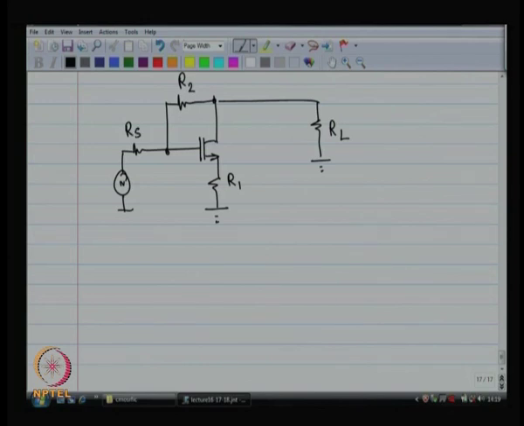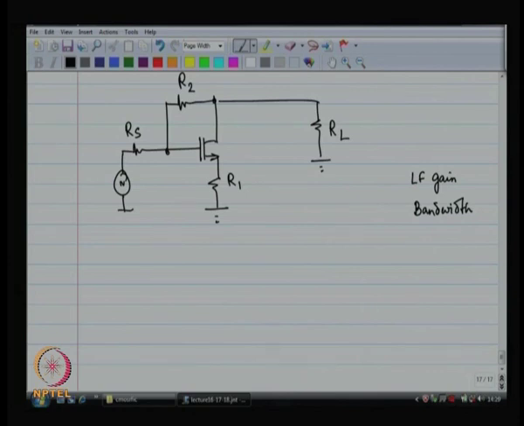So, that is fine. Now, this is basically my plan, and what do you think about this? We want to first find out the low frequency gain, then we want to estimate the bandwidth. Right? These are the two things that we have to do.